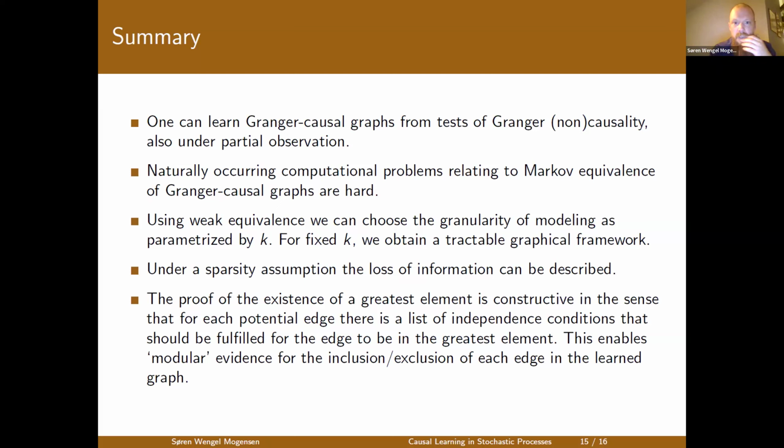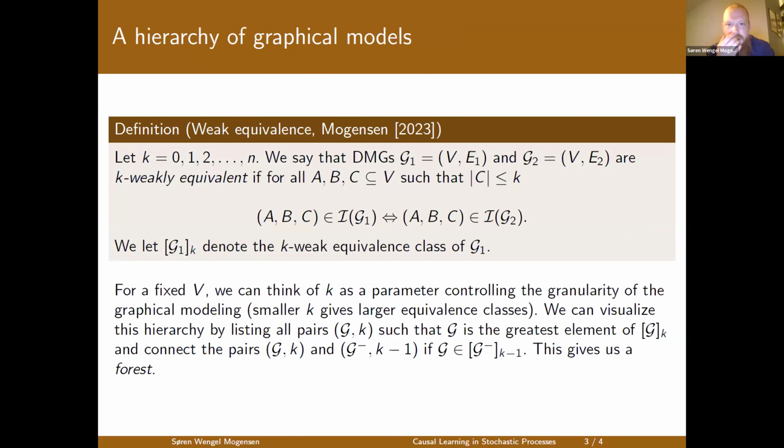Maybe I'm running out of time, but I can show you as the very last thing that you get a lot of structure in this hierarchy. So this is just the definition of these k-weak equivalence classes again. But we can think of this k as a parameter, and we can change it, right?